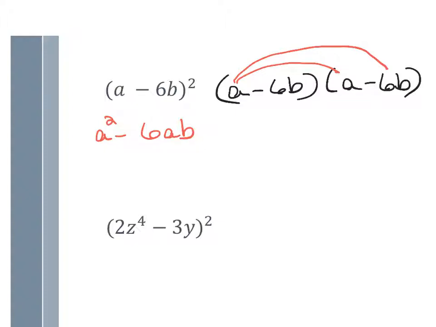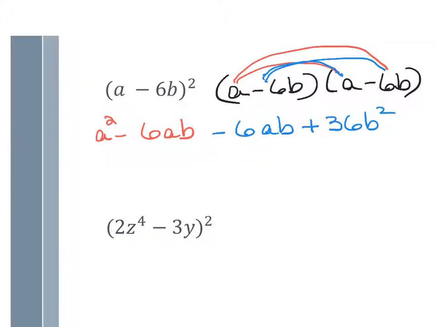And then next I'll distribute the negative 6b to the A. So again, I'm going to write this as negative 6ab. And then negative 6b to negative 6b. Negative times negative is positive 36b squared.